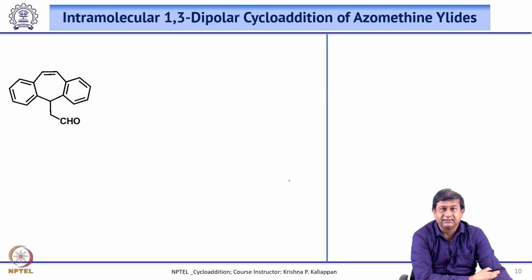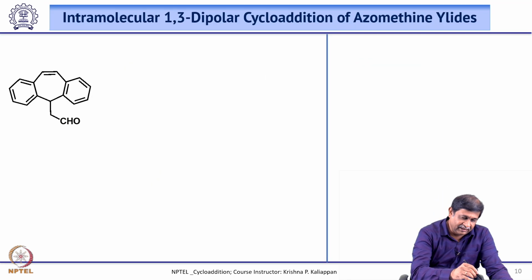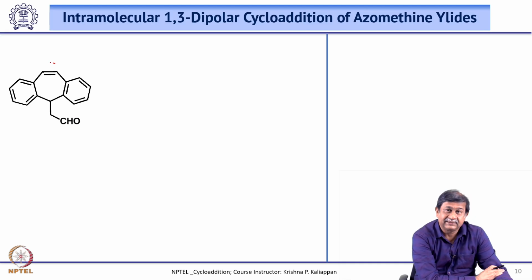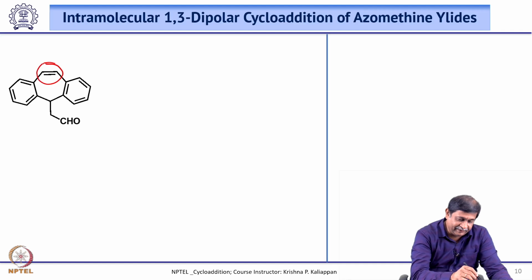So now if you look at this aldehyde, okay, here the double bond is in the 7-membered ring, and you have an aldehyde.